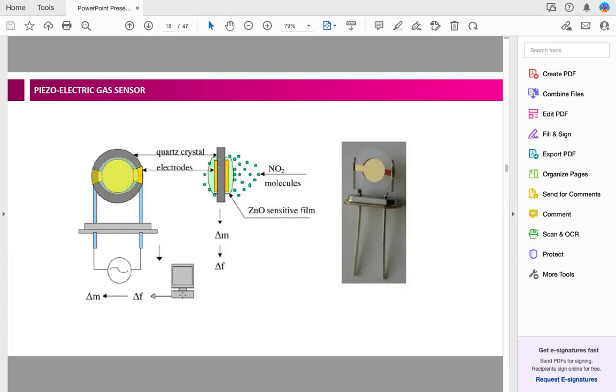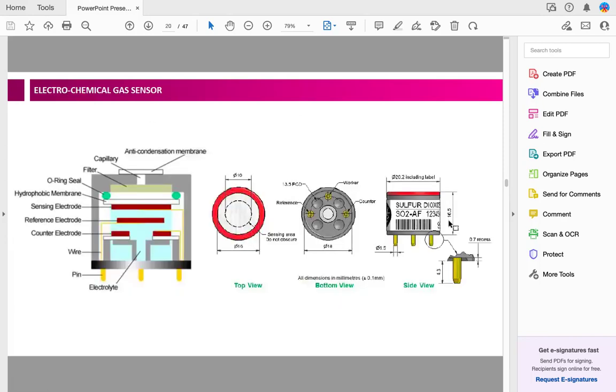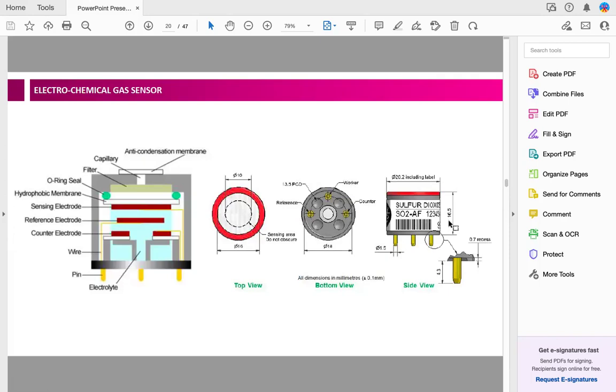So what is recorded in here, the final one measured, is the change of frequency. So this is what the reading looks like. If there is interaction, you might have a change in the frequency, a drop in the frequency. So this is basically what QCM, quartz crystal microbalance, looks like. I'm not going to go more, but this is electrochemical.